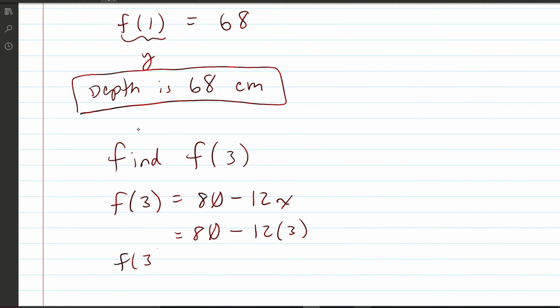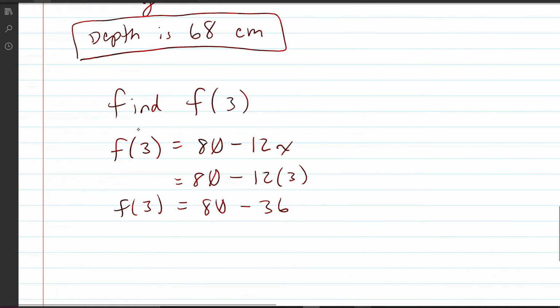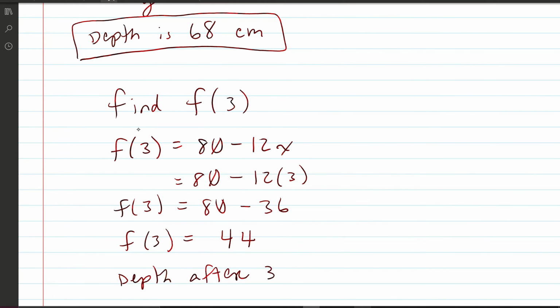All right, f of 3 is equal to 80 minus 36. And then we're just going to go ahead and subtract. So 80 minus 36 is 44. So the depth after 3 minutes is 44 centimeters.